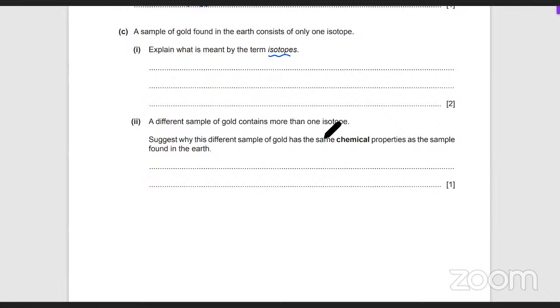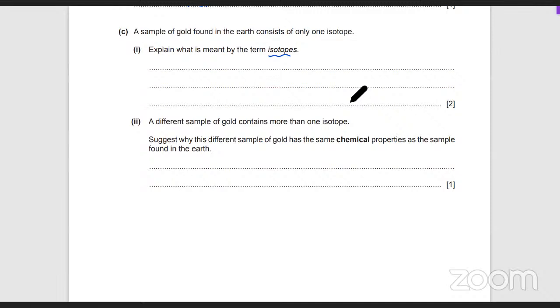Suggest why the different sample of gold has the same chemical properties as the sample found on Earth. So why do all isotopes have the same chemical properties? Is it because they're the same elements, the atoms of the same elements? हाँ, लेकिन just 1 second.